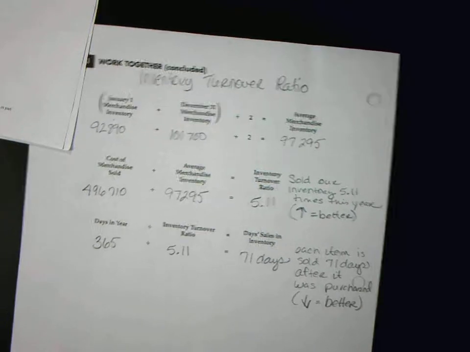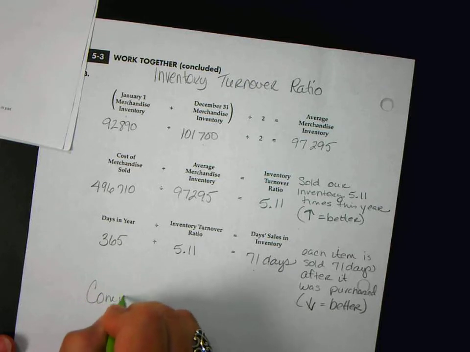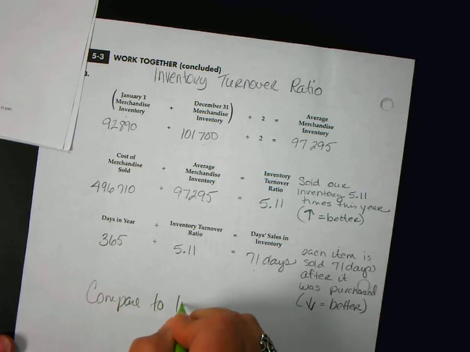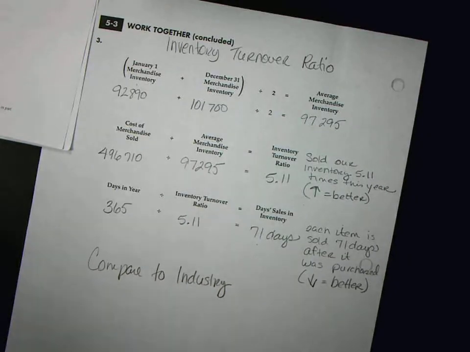Okay, so now that you have these numbers, you can compare to industry. So anytime we're looking at ratios, percentages, the whole reason is for comparison. Compare it to your industry, compare it to your competitors, compare it to yourself last year, 5 years ago.